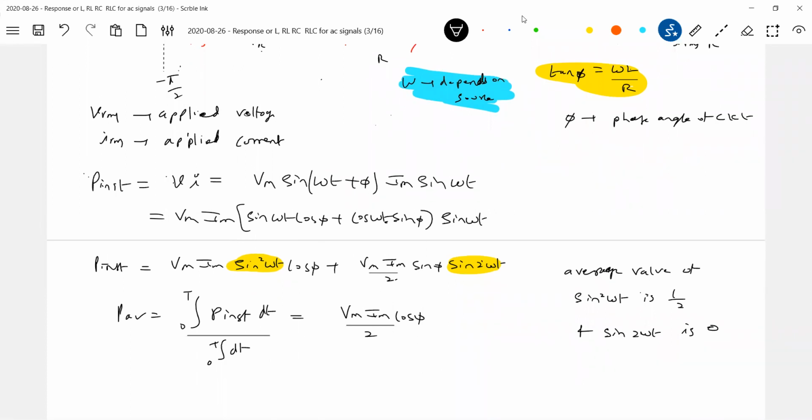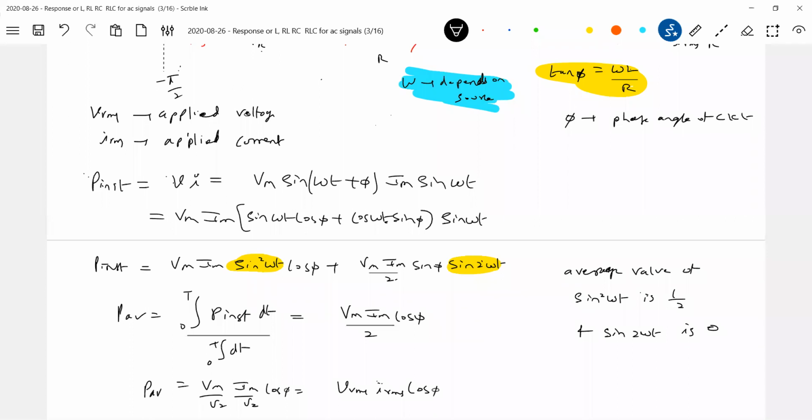Now further, Vm Im by 2. Let's see what it actually is. What is Vm? Vm by root 2. Shall I adjust this? It is equal to Vrms IRMS cos phi. So this is the average power. You have to remember the formula at any cost. The average power dissipated in an AC circuit is given by Vrms IRMS cos phi.